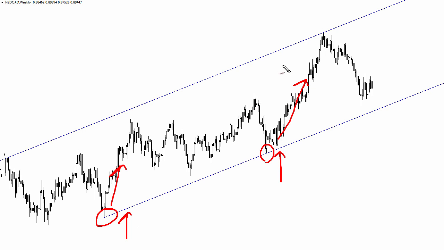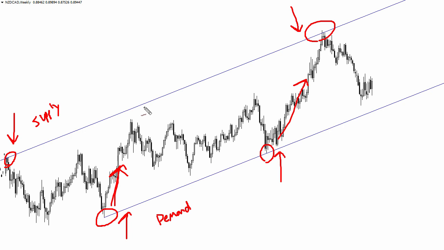And on the opposite end, we have resistance up here where sellers come into the market and push it lower. So again, we have supply up here, which pushes the market lower. And down here we have demand as buyers come in and bid the market higher.